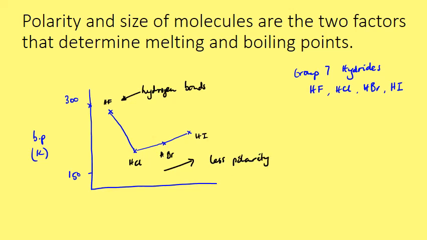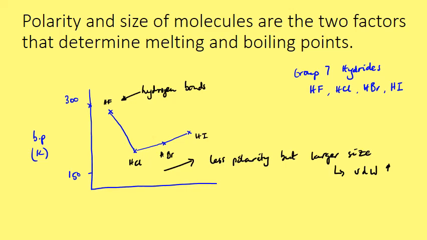But you've got a larger size of molecules. So the larger size means the van der Waals forces are going to increase, and that explains the increase in boiling point between hydrogen chloride and hydrogen iodide.